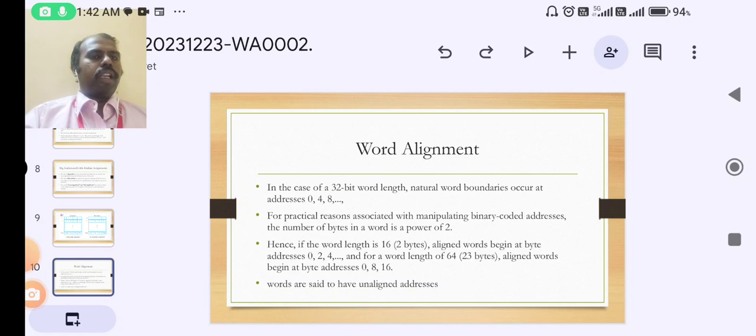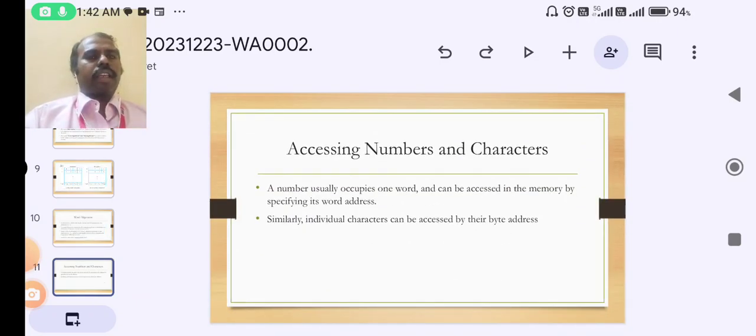Hence, if the word length is 16, that is 2 bytes, aligned words begin at byte addresses 0, 2, 4. And for a word length of 64, that is 2 to the power 3 bytes, aligned words begin at byte addresses 0, 8, 16 and so on. Words are said to have aligned addresses.